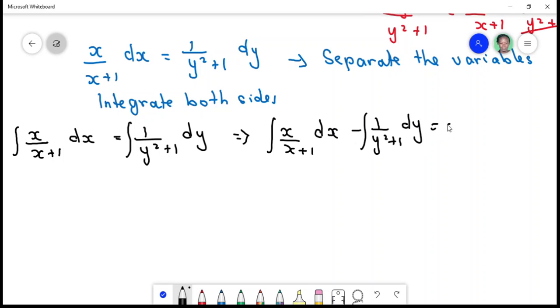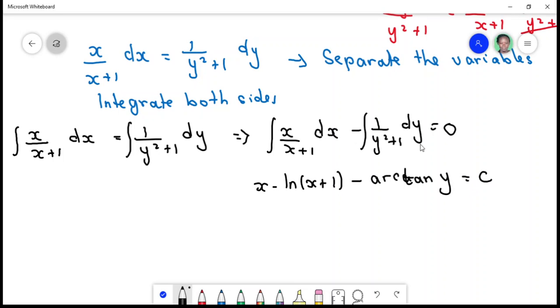Taking the integral on both sides, this part gives us x minus ln of (x plus 1), and integrating the other side gives arctan y, plus a constant.